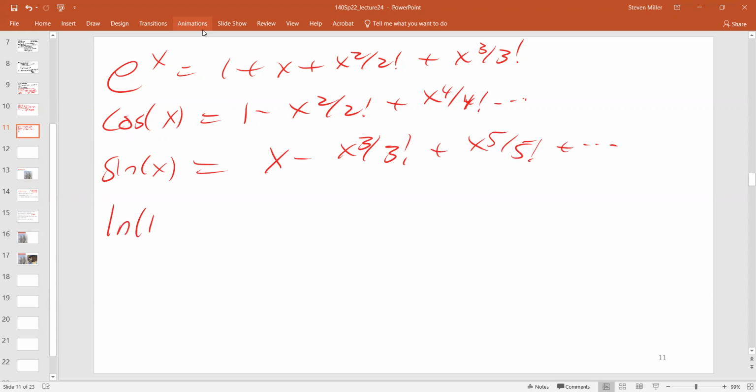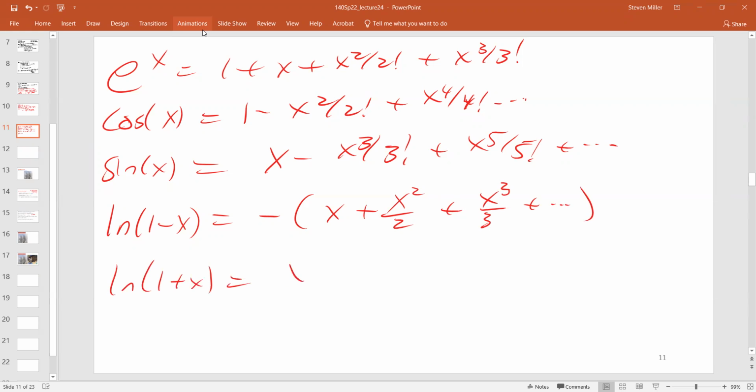The natural log of 1 minus x is, I believe, negative x minus x squared over 2 minus x cubed over 3 plus dot dot dot. And the natural log of 1 plus x is x minus x squared over 2 plus x cubed over 3 minus x to the 4th over 4.